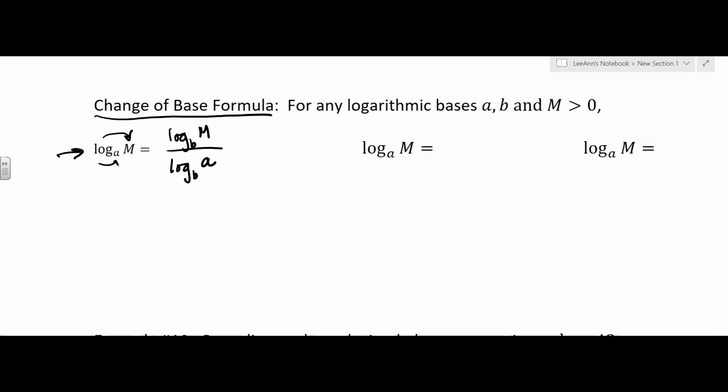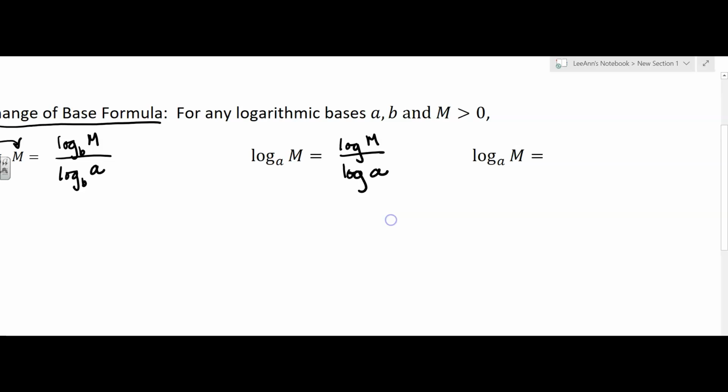All right, now usually though, because a lot of times we want to get approximations on our calculators, we will pick either to do a common log. So I would make this log m over log a and use the common logs. That I can put into my calculator, okay? Or you might want to use a natural log.